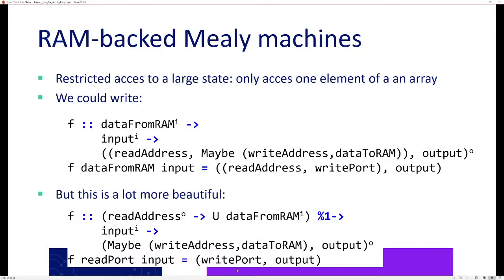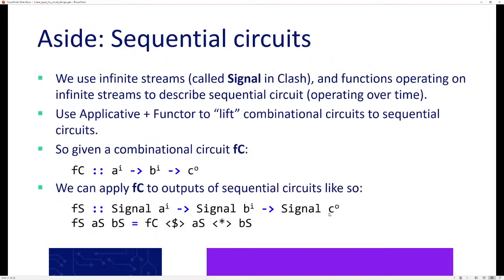I think this is a far more beautiful description. Of course, we don't want to duplicate the read port because that would make the RAM more expensive. So we must use this read port linearly, right?